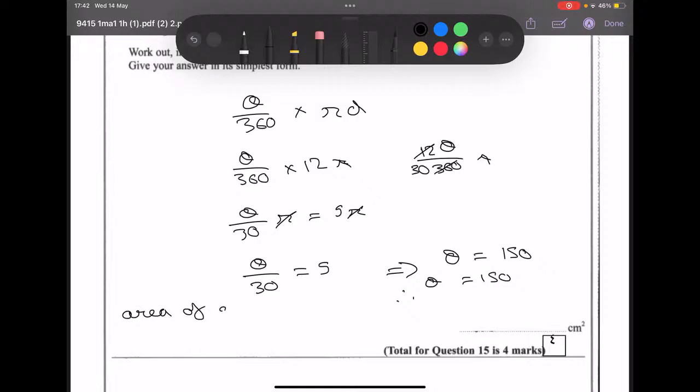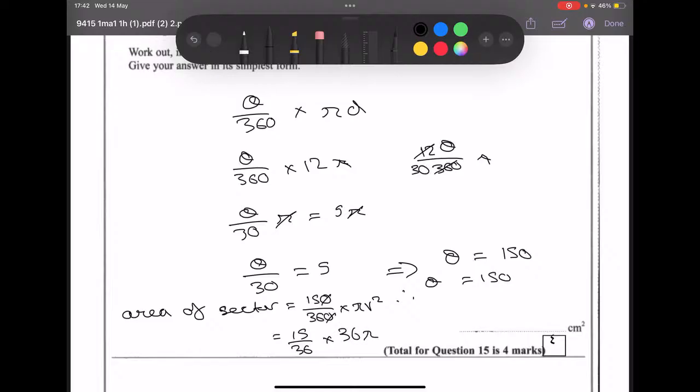Now the area of the sector equals 150 over 360 times pi r squared. This would be pi times r squared, which is 36. This is 15 over 36 times 36 pi.